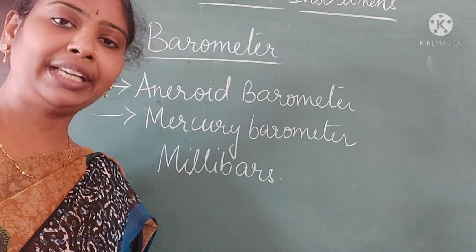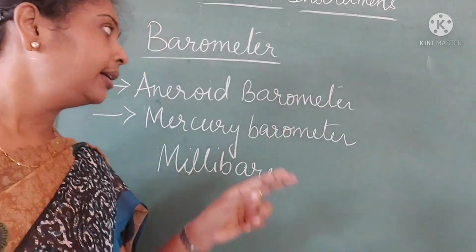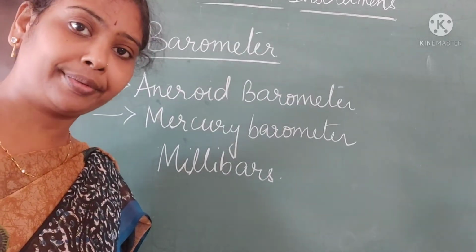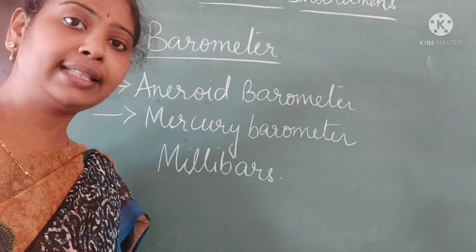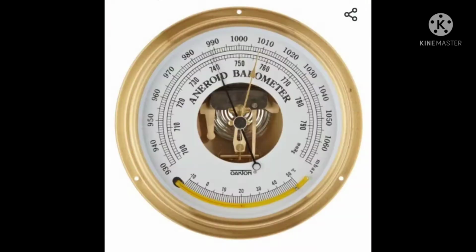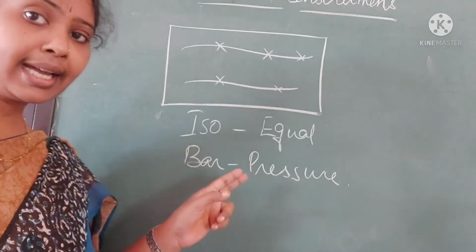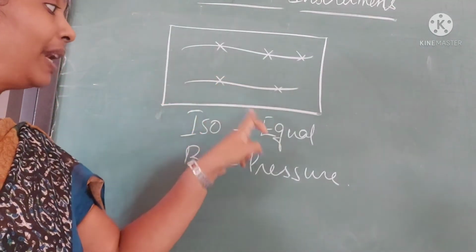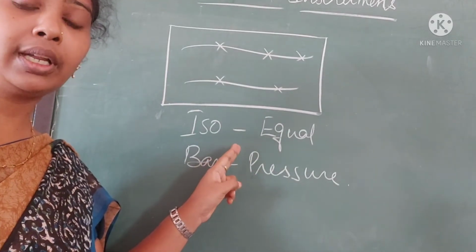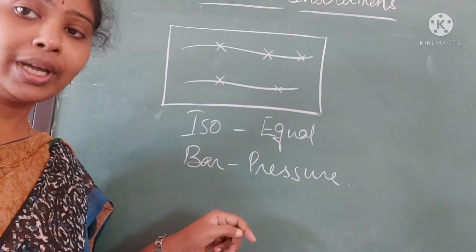Just like the thermograph, we have an automatic recording for pressure also, and that is known as the barograph. And now let us see the isobars. These are imaginary lines which join places having equal pressure. Just like isotherms, isobars are lines joining places with equal pressure.